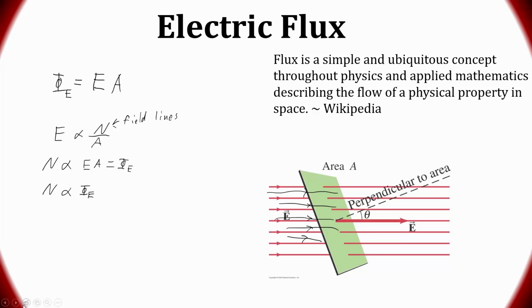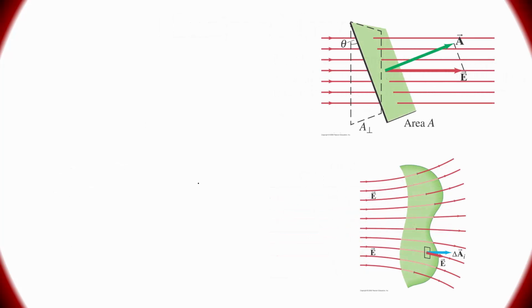Now it does get a little bit more complicated, because if we imagine having this same rectangle here, perpendicular to our electric field, then there's going to be more field lines going through it than if it is at some angle. And if you think about it at some really wide angle here, then you're going to have very few field lines going through it, so that means that there's less flux going through that. So we have to take into account the orientation of the surface and the electric field.